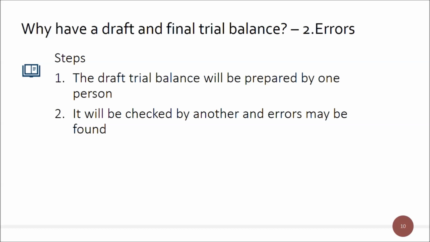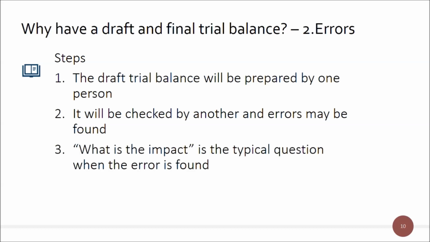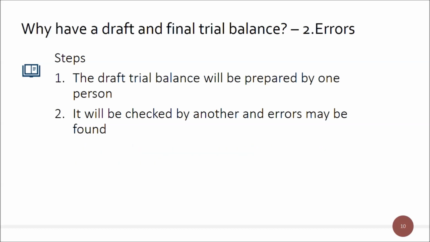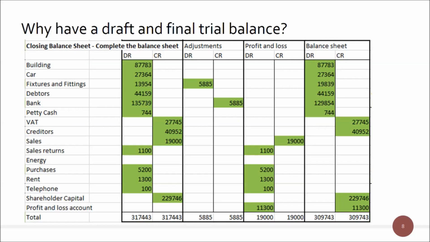Might be an external auditor, and they may find errors. And so they'll put the errors, if I go back, into here as well. And then that will move us from this trial balance that would have the year-end journals in to correction for the errors, and then we would get to a new set of profit and loss account and balance sheet.